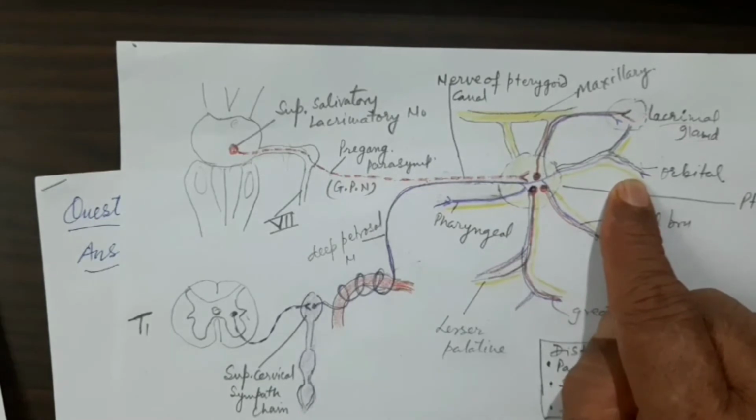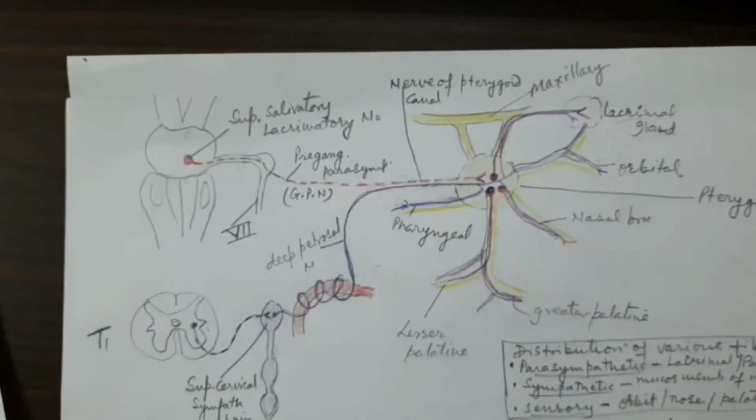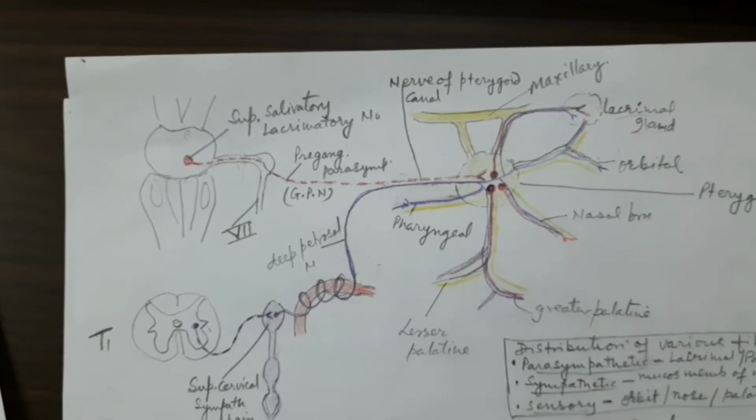It innervates a muscle which is called the orbitalis muscle, and then it supplies the mucous membrane of the sphenoidal and posterior ethmoidal air sinus.